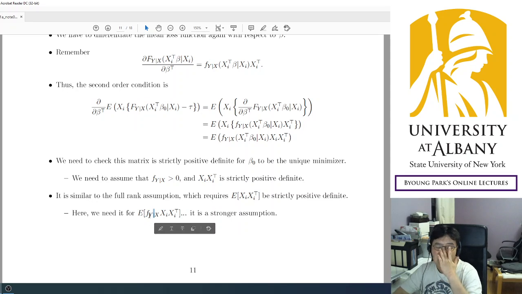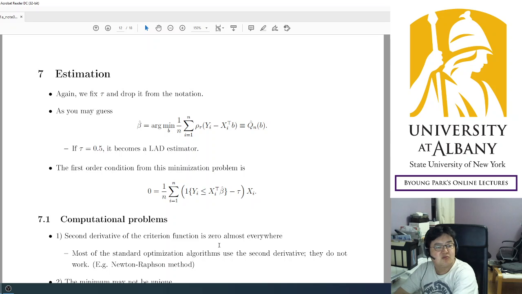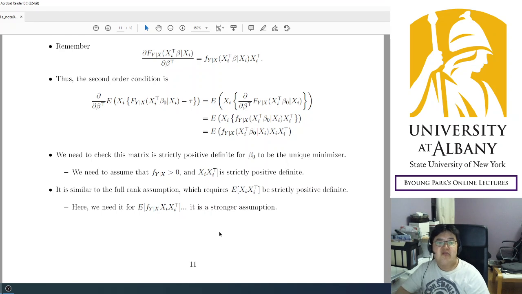It is slightly different, but usually fine, because it is natural to assume that the density is positive. Having a positive density is not restrictive, so it is not a big problem. Of course, the full rank assumption is mild and does not cause much problem. Okay, this is the identification story, how we identify the quantile coefficient.